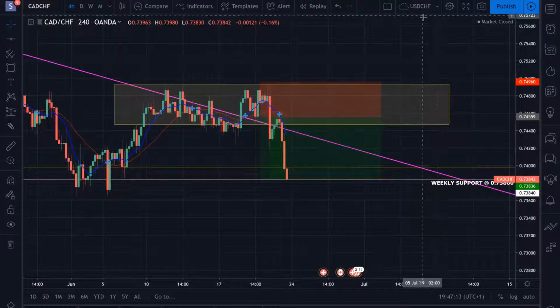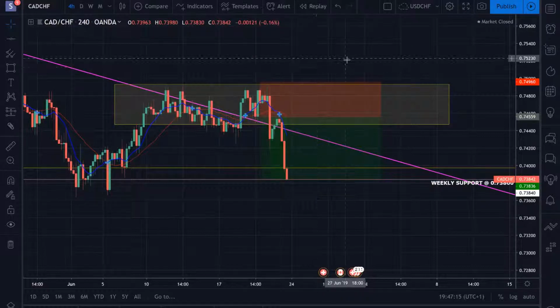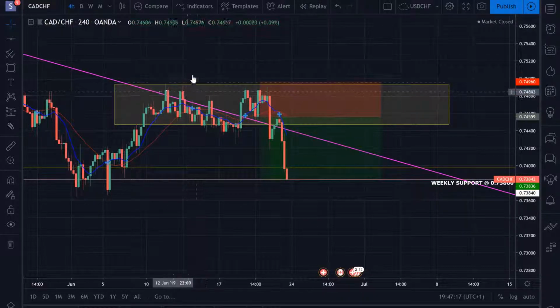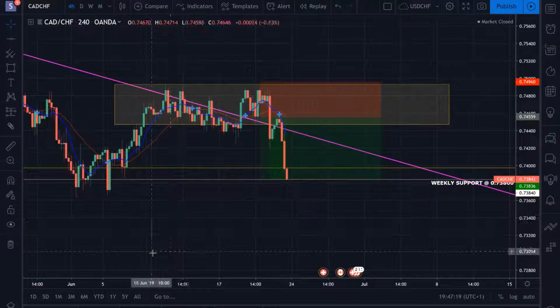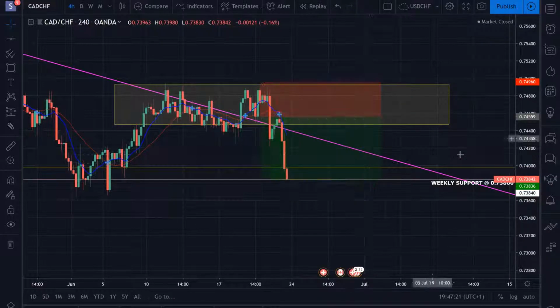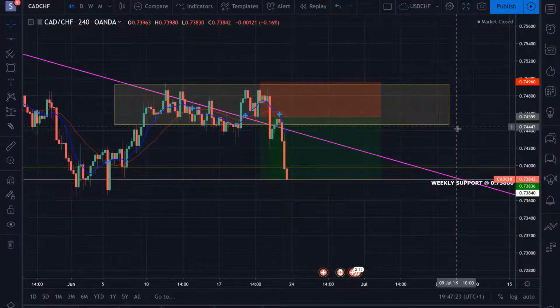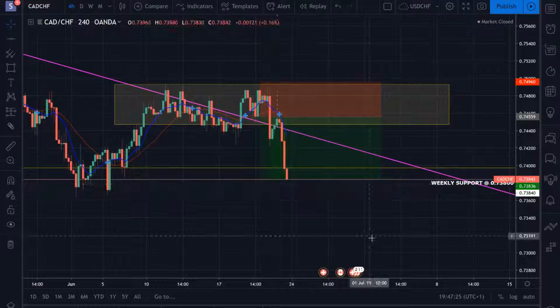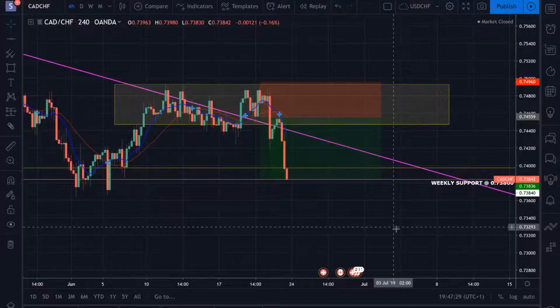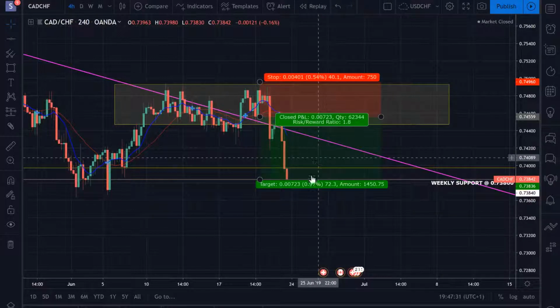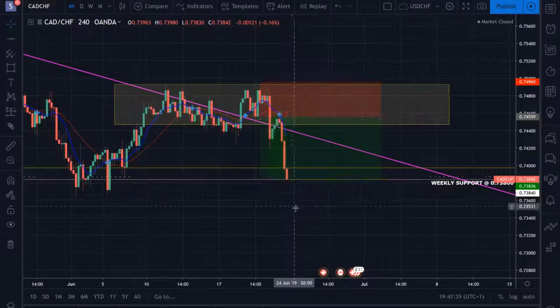Our stop loss price was above previous highs, and our take profit price was at weekly support. Last week did actually meet weekly support and hit our TP target to the T.